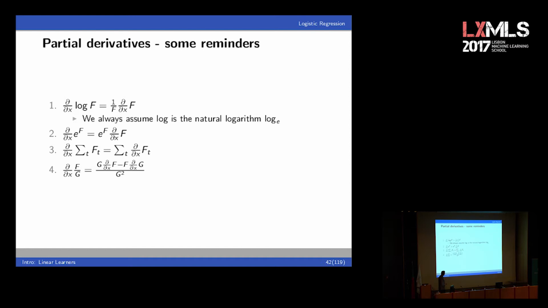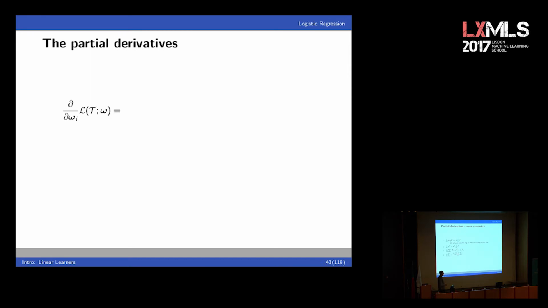So they are easy: 1 over, this stays the same, the sum you can pull out, and here you have this funny term of taking the derivative of the numerator and denominator and then squaring.